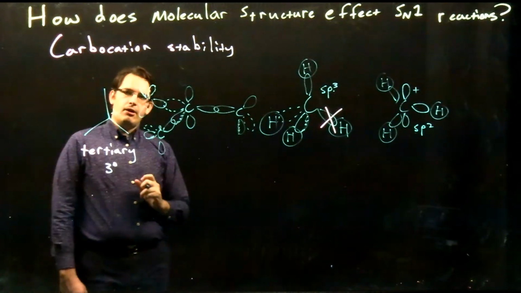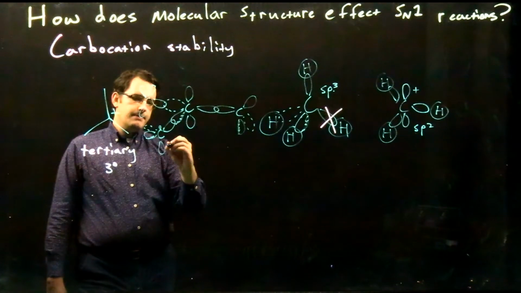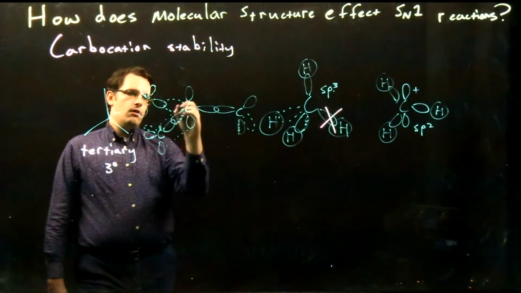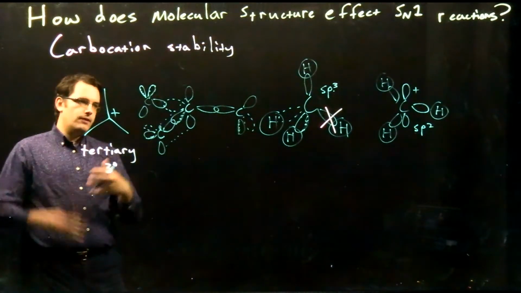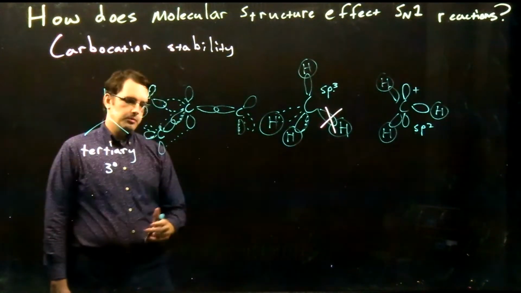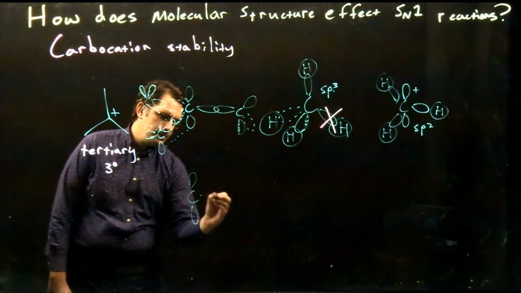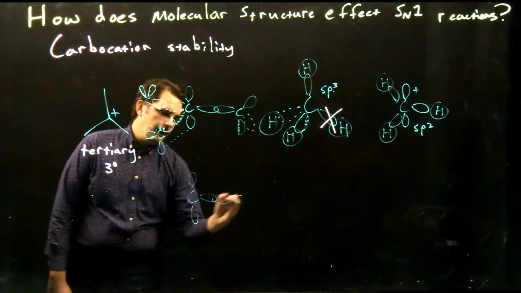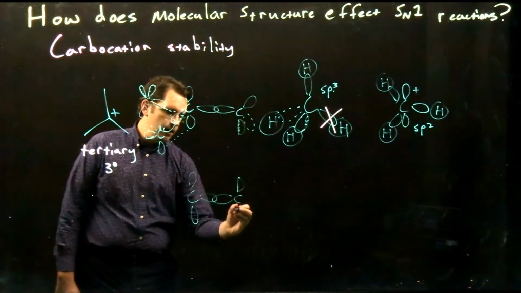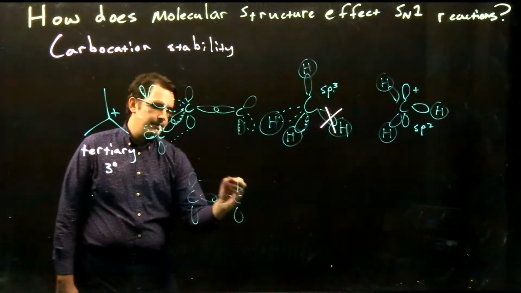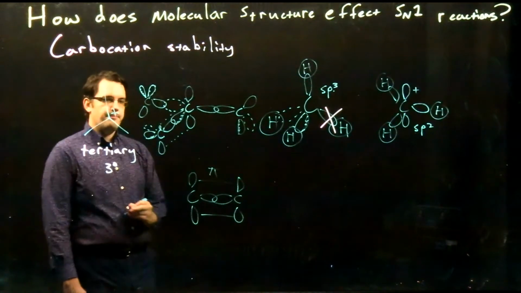And these sp3 orbitals can actually slightly overlap with my empty p orbital over here on my carbocation, similar to how my p orbitals overlap when I'm forming a double bond. Right, so in a double bond I would have my 2 carbons next to each other. They'd have a sigma bond with the overlap of my orbitals between them, but then they also have these 2 adjacent p orbitals that can overlap to form my pi bond.